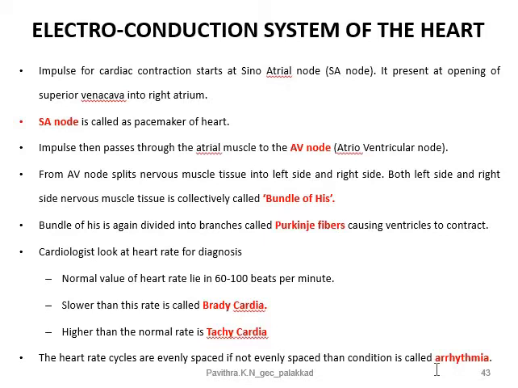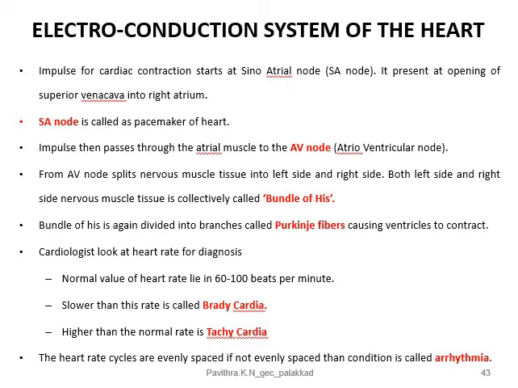Now, the heart rate cycles are normally evenly spaced. If not evenly spaced, then that condition of the heart is known as arrhythmia. So these are the three conditions of the heart that can be diagnosed by a cardiologist just by looking at the number of heartbeats per minute.